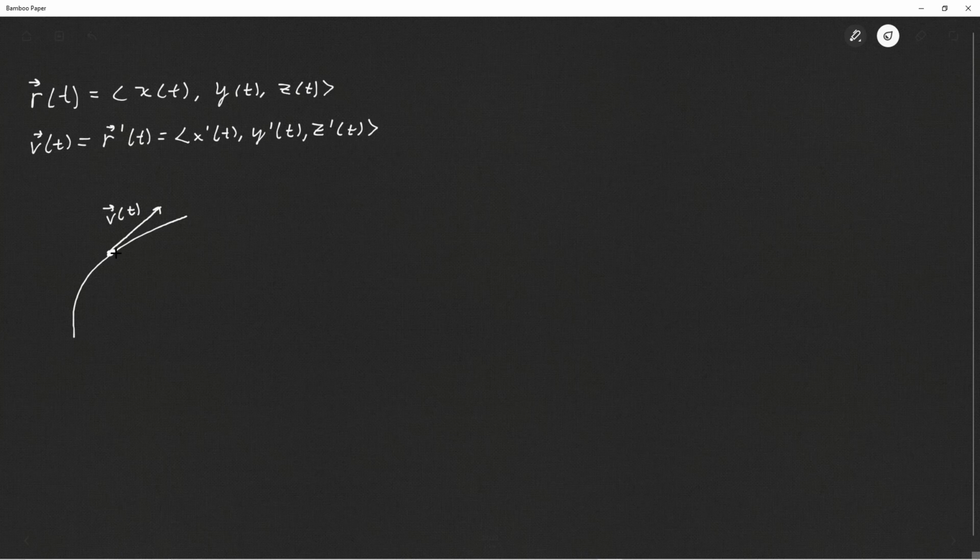And this point here is going to be our position vector. And this curve here is going to be our position vector, which also means that our velocity vector is equal to the derivative of x with respect to t, plus the derivative of y with respect to t, plus the derivative of z with respect to t.